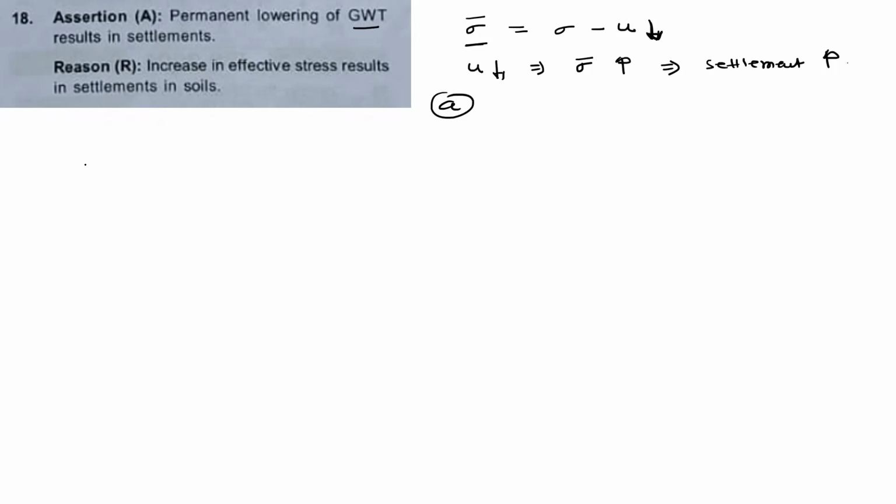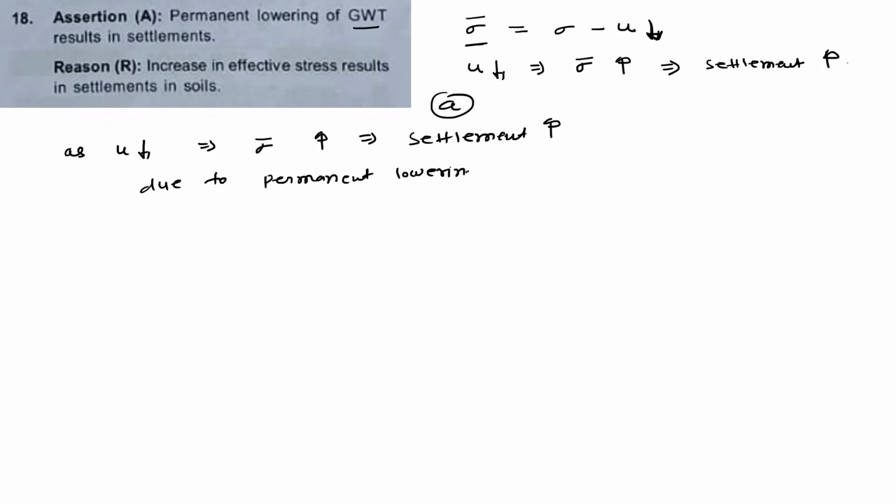As U goes down, this implies that effective stress sigma increases. This implies that settlement increases due to permanent lowering of the water table.